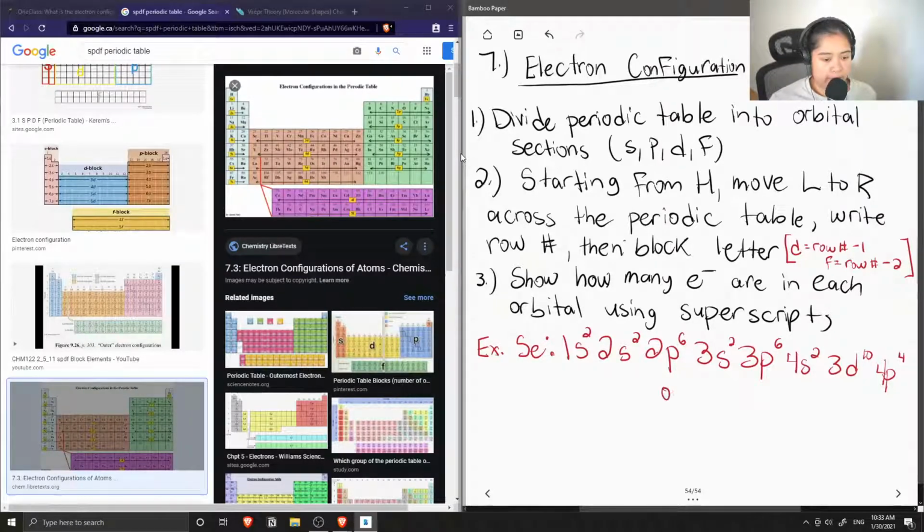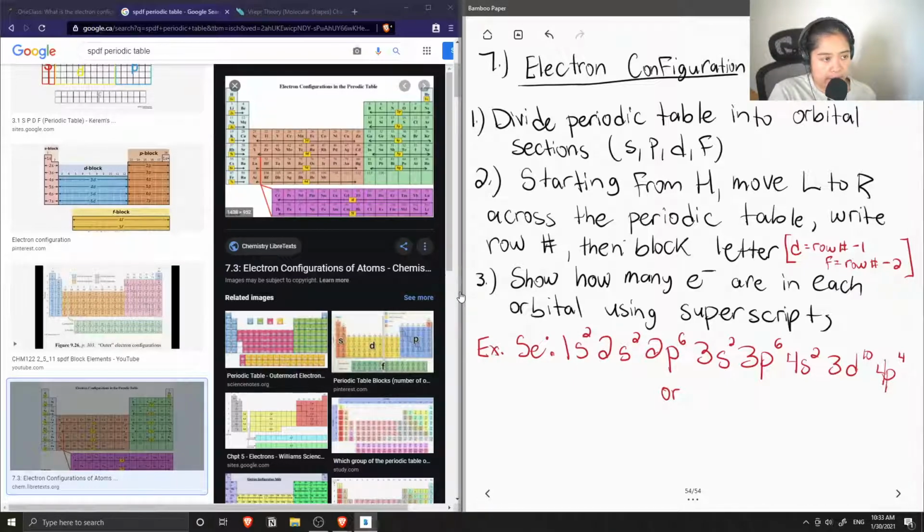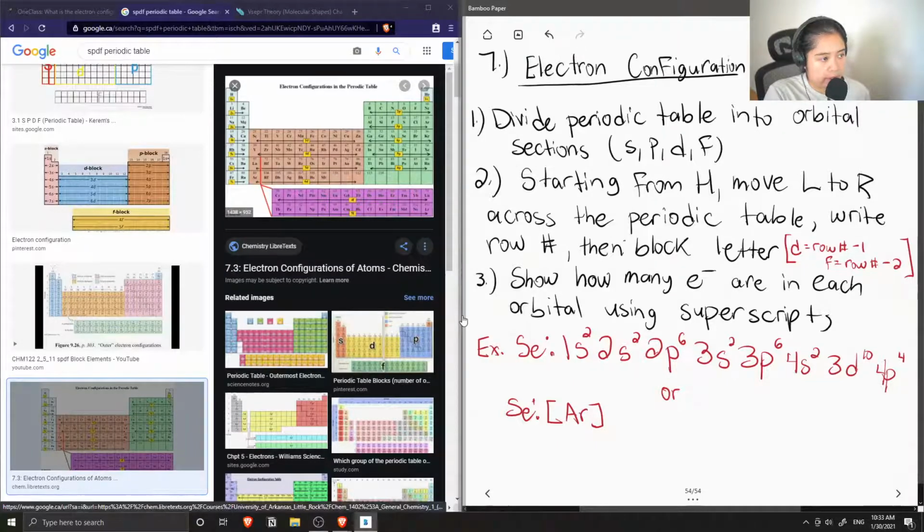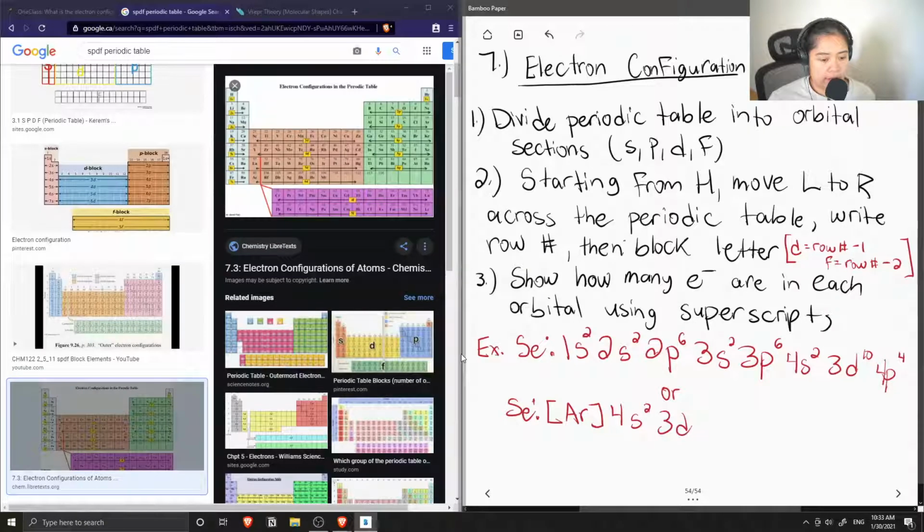So if we wanted to write this in the shorthand configuration, we look at the noble gas that comes before selenium, which is argon, and we put the argon in square brackets, like so. And then from there, we continue to write the remaining electron configuration like normal. So argon 4s2, 3d10, and then 4p4.